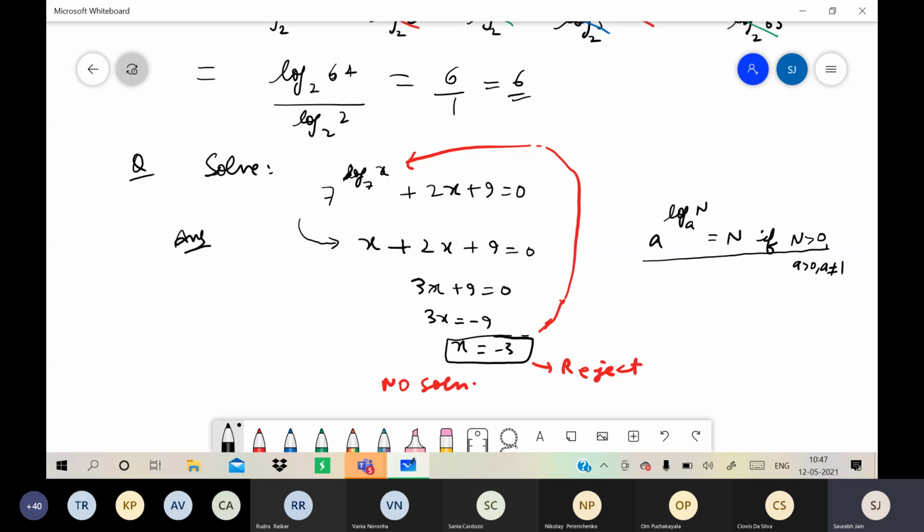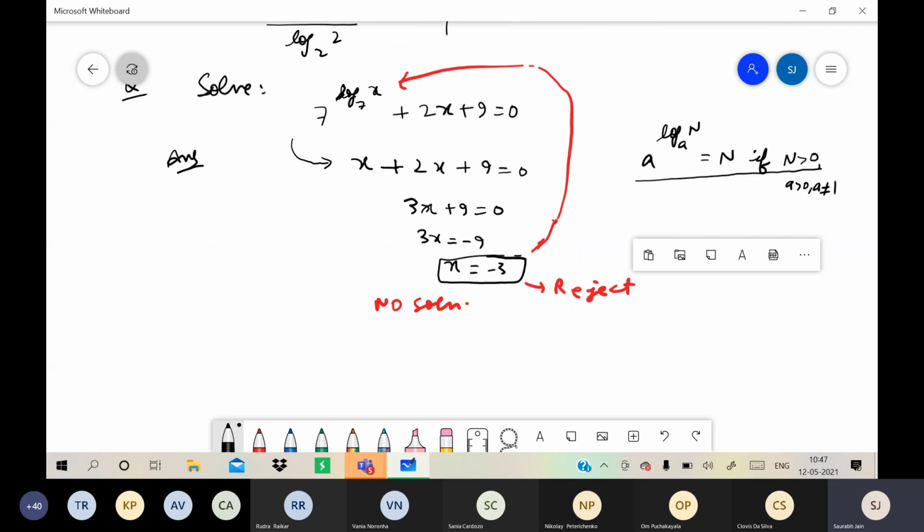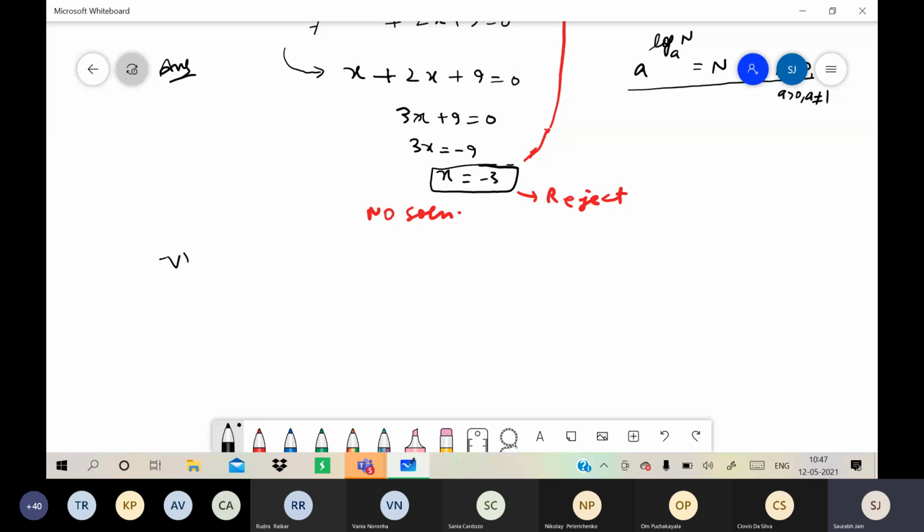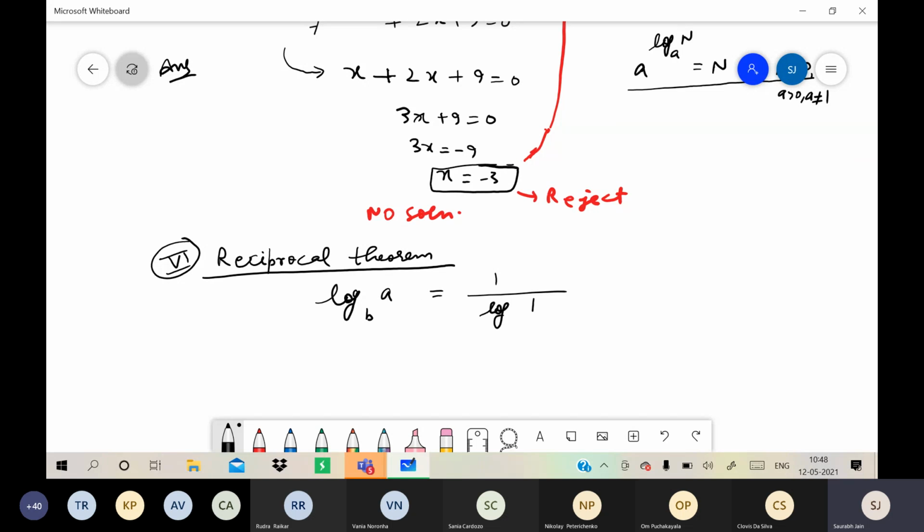Now based on this base changing theorem, we have another result. This is the sixth formula, also called the reciprocal theorem. What is this result? They say that log a to the base b can be written as 1 upon log b to the base a.